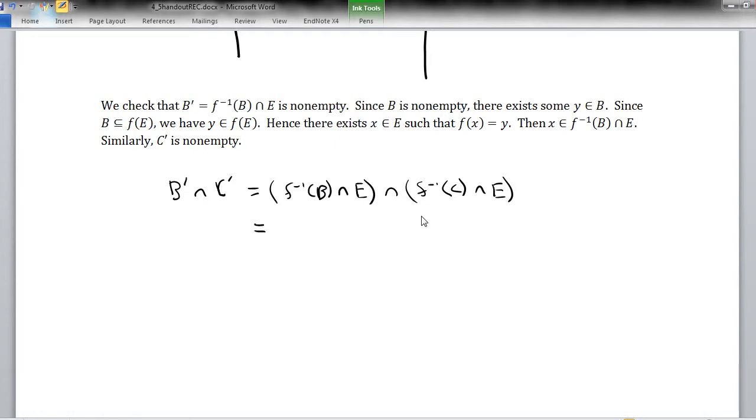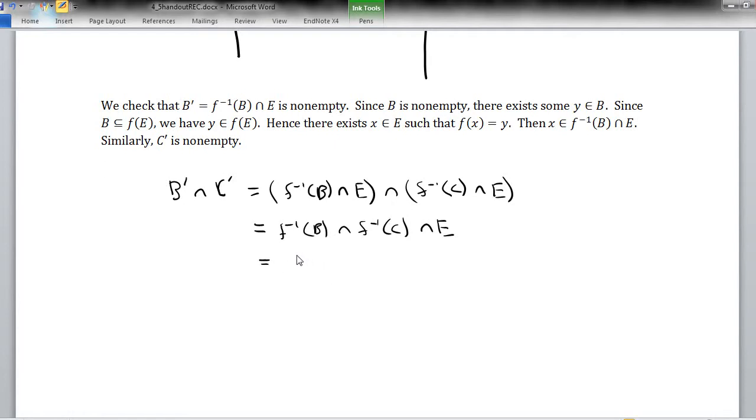So you can drop those. And in addition, intersecting with E twice, the second one doesn't really do anything. So this simplifies a bit to f inverse of B intersect f inverse of C intersect E. Okay.